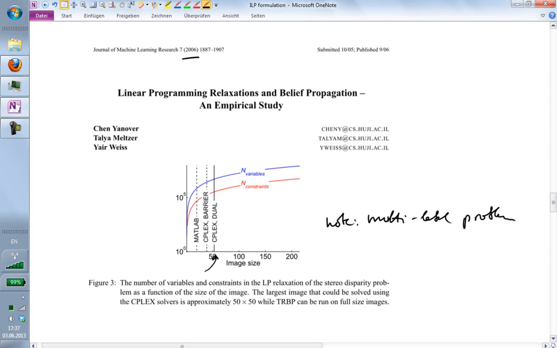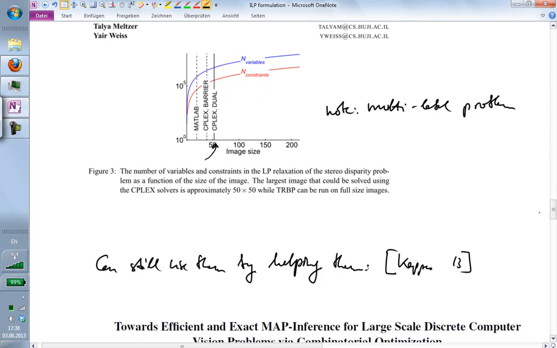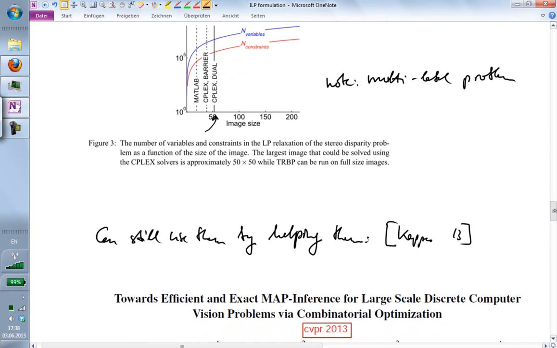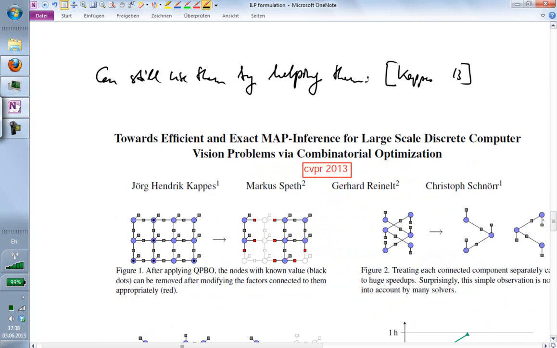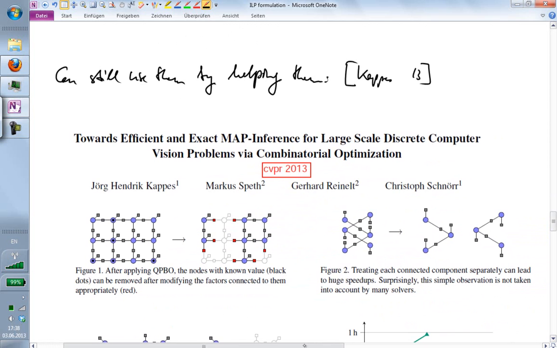Unfortunately, your smartphone camera has a million by a million pixels. So if you go by that, there's a long way to go. However, fortunately, we have smart people sitting down this corridor. Here is an upcoming paper of Jörg Kappes and colleagues. It will be published in a few weeks. And they use commercial solvers, but they help them on their way.